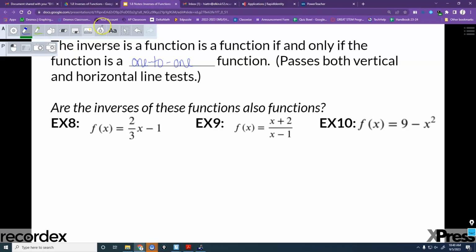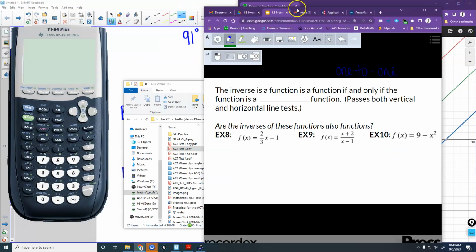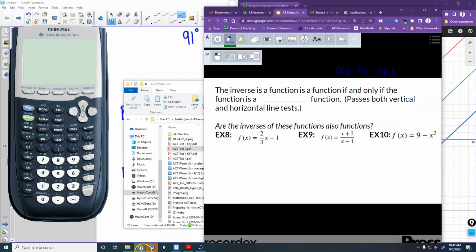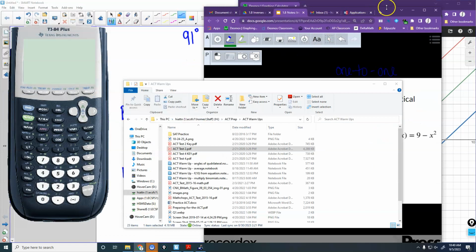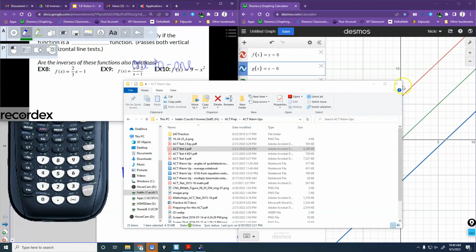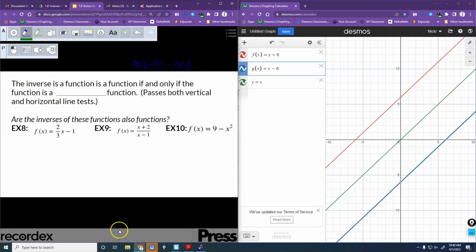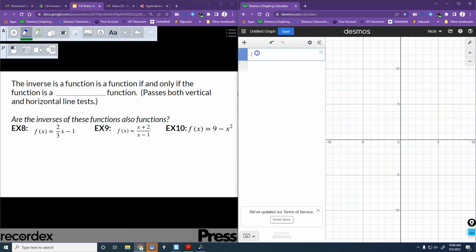So let's just use Desmos to help us with this. So if I graph this first one, f of x equals 2/3 x minus 1.